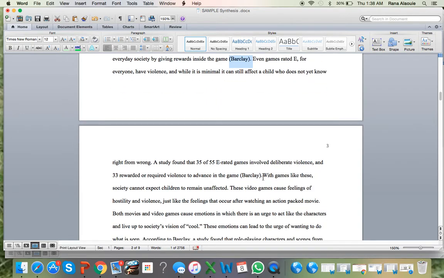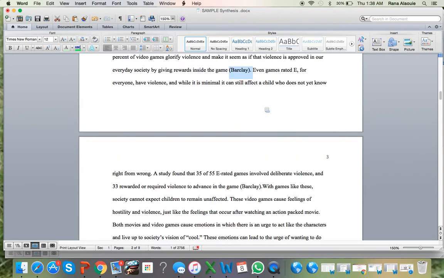Again, there's that same source, but it looked like, actually I'm not, let me see here. It looked like this was the student's thoughts, and then she brought in a study to support that claim. With games like these, society cannot expect children to remain unaffected.